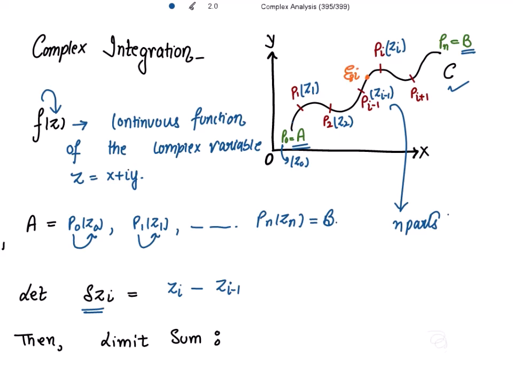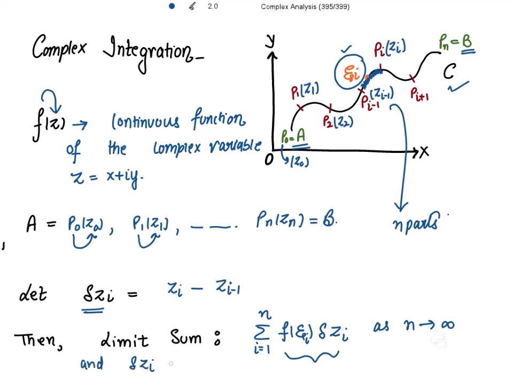If Xi is a point on the arc Pi minus 1 Pi, then we take the summation of f of Xi times delta Zi, for i equal to 1 up to n, as n tends to infinity and delta Zi tends to 0.